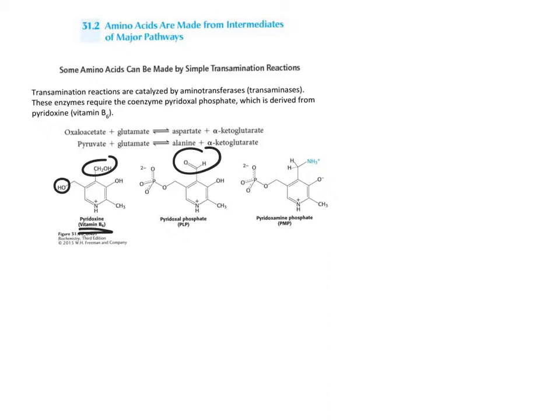So if we start with oxaloacetate and glutamate, which is shown up here, so we need COO minus and then COO minus here, so this is oxaloacetate plus a glutamate.